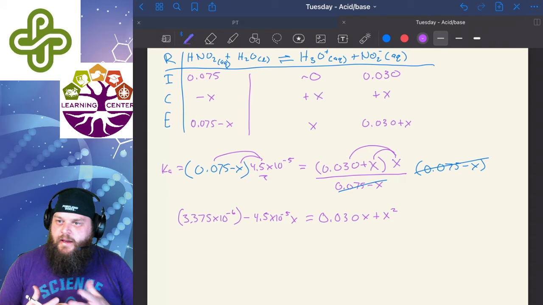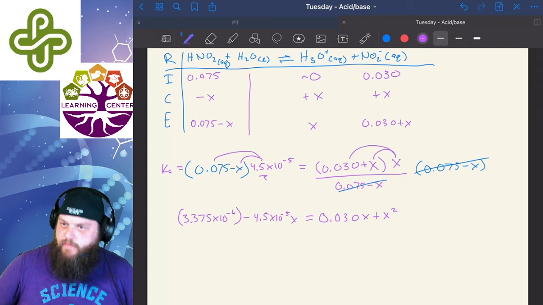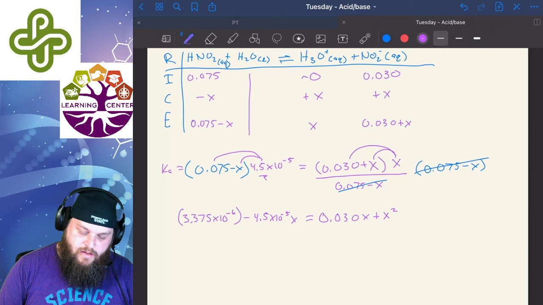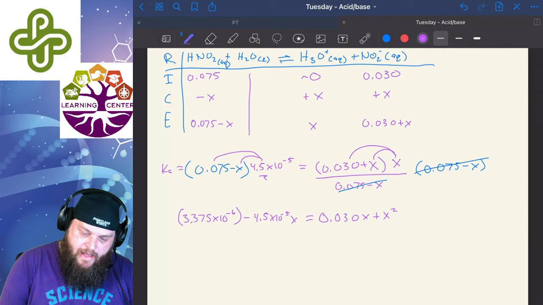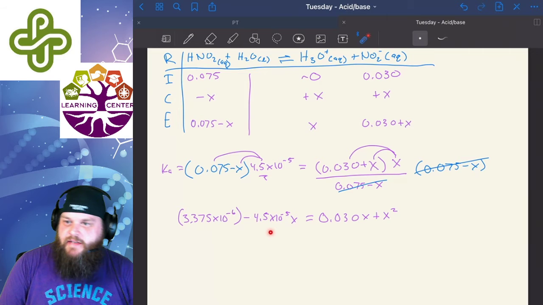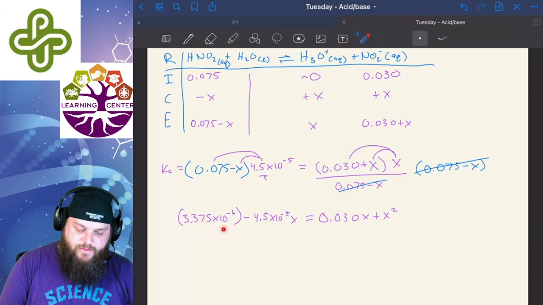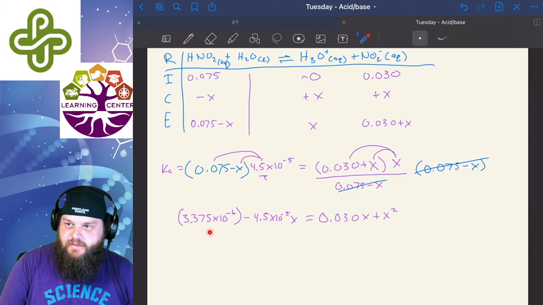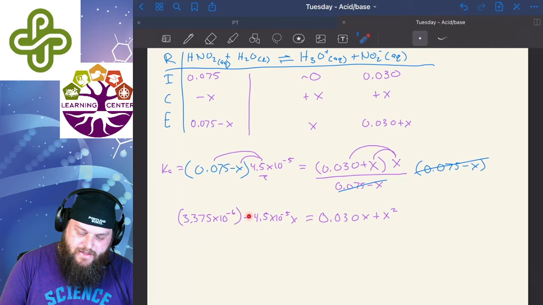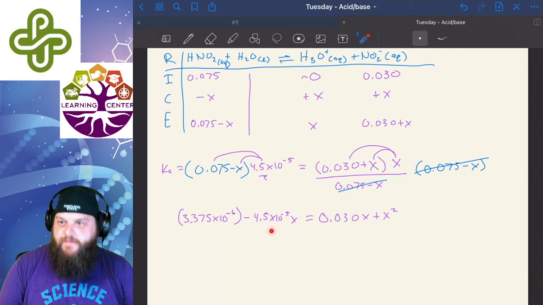So now we're going to combine like terms and move everything to one side of the equation. So to do that, I have to add this x term to both sides, and I have to subtract this constant term from both sides. When I add this x term to this x term, we can see this is 4.5 times 10 to the negative 5.